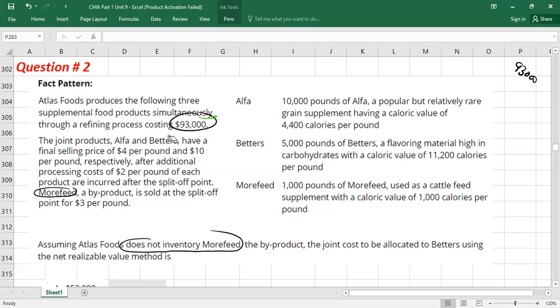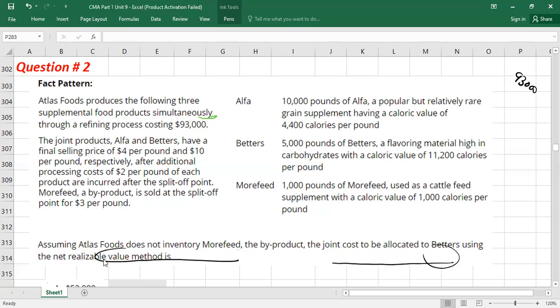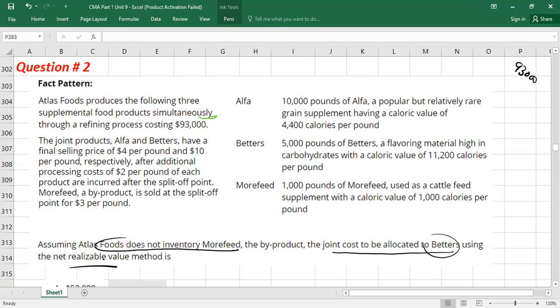Okay, let me read the question, guys. They're saying assuming Atlas Food does not inventorize more feed, it means we will allocate the gross cost. So we have to calculate joint cost to be allocated to the products using the net realizable value method. There are three products. Atlas Food produces the following three supplemental food products simultaneously through a refining process costing how much?